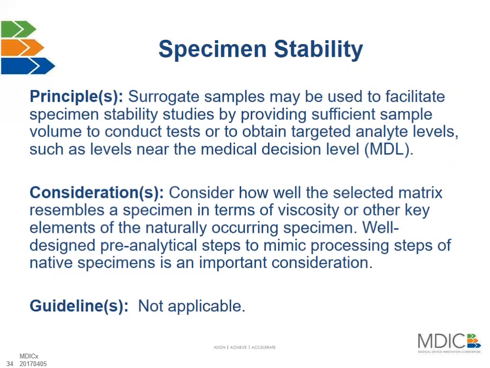Here it's noted, though, when one is looking at the use of surrogates for conducting specimen stability studies, there are important factors, which are a matrix resembling the naturally occurring specimen matrix, and that consideration of the extraction method that may be applied as part of the test procedure is considered as one is selecting the surrogate sample.